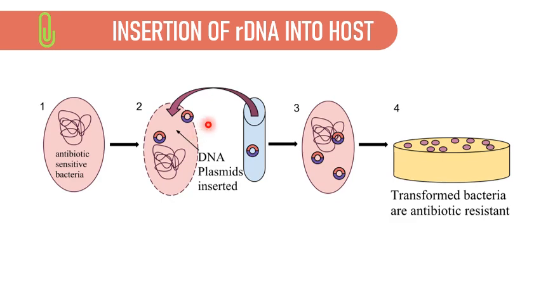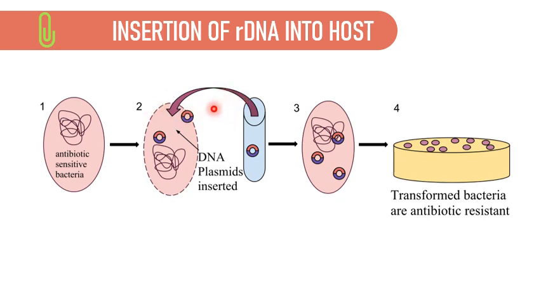There are so many processes. Usually shock treatment will be given, electric current will be given, temperature treatments will be given, or other types of treatments will be given, and through those treatments the bacterial cell wall will become permeable to the plasmid.